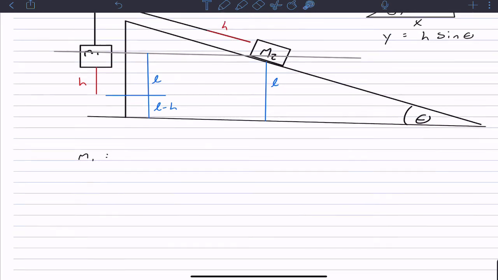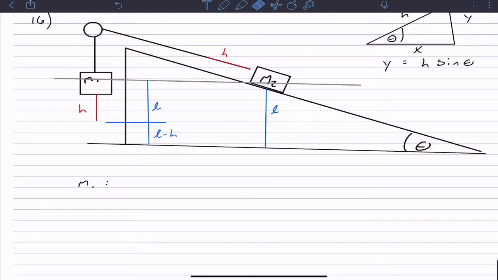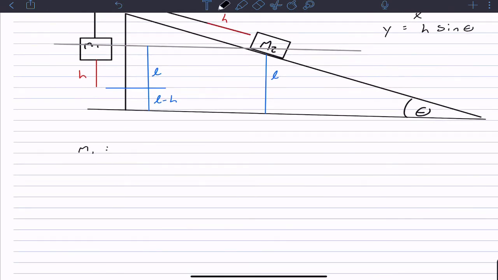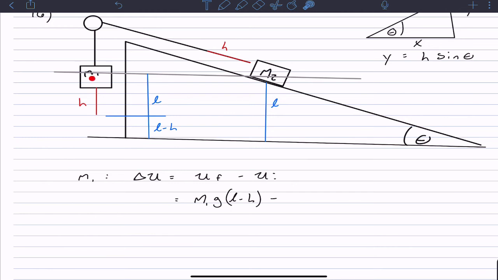Consider block 1, M1 here. What is the change in gravitational potential? So delta U is equal to U final minus U initial. U final is going to be, this thing comes down here, it moves a distance of h, and now we're at a distance of L minus h. So M1 g (L minus h), minus the initial, which is M1 times g times L. That's where we're sitting.